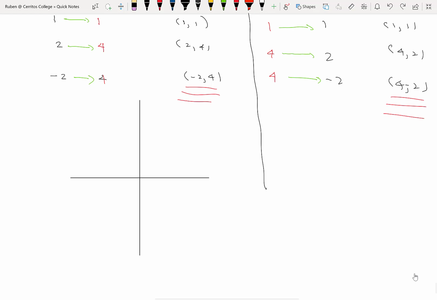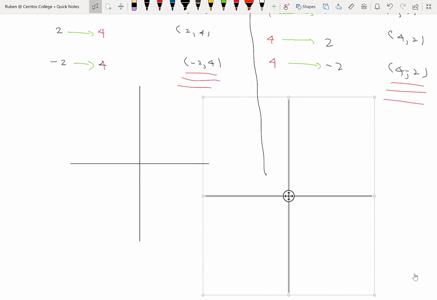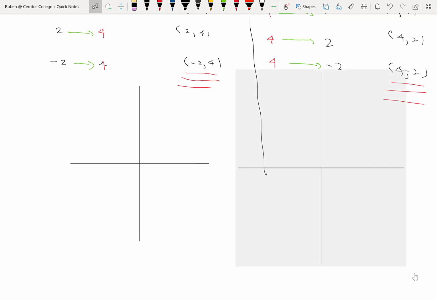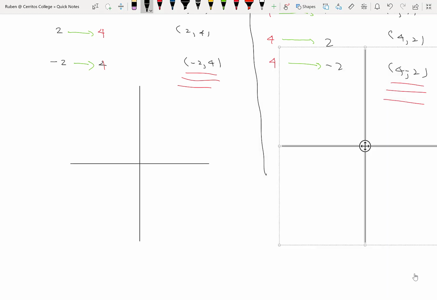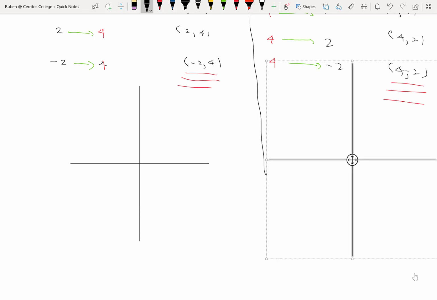So bear with me. Here we are. Still a little big. Let's move it over here. Okay, that'll work. Oops, too far. Worst comes to worst, I'll stop the video and move things.